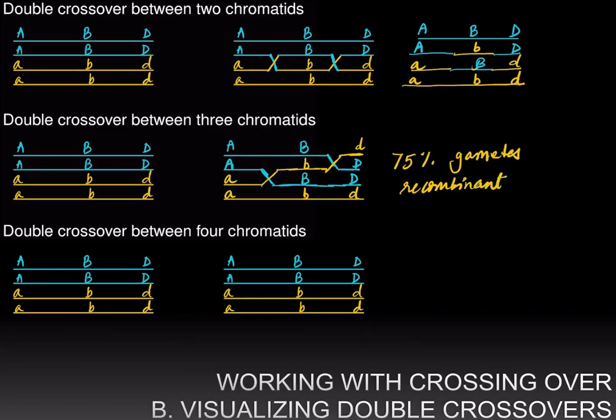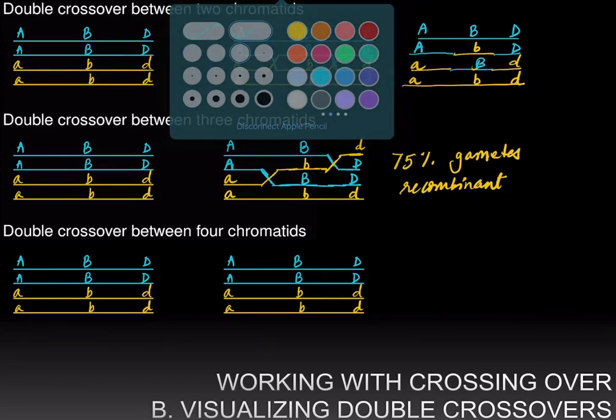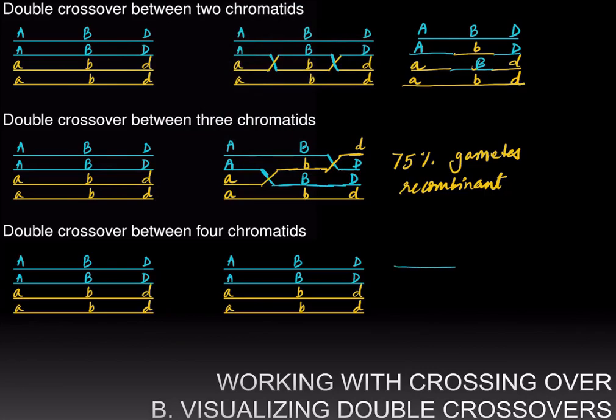And that makes us wonder, is it possible to have 100% recombinant gametes? And indeed, that can happen if you have two crossovers between both the pairs of non-sister chromatids. And this is best shown if one lines up the pairs of non-sister chromatids together, like so.